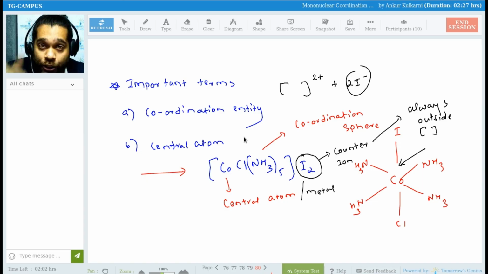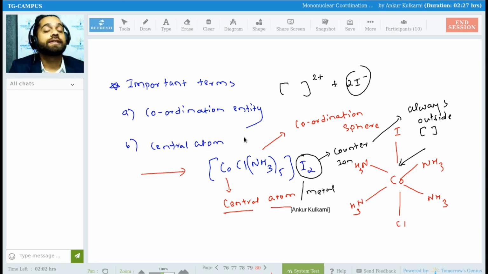In the square bracket, you will see the metal. That metal will be your central atom, always and always. And generally, we write the central atom first. Although we name it central atom, we write it first. A central atom will always be a metal to which everything is attached.